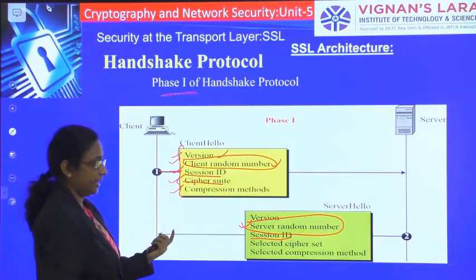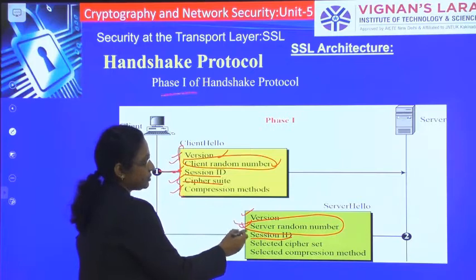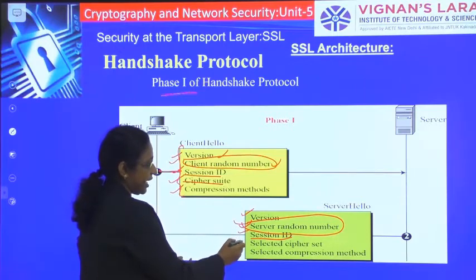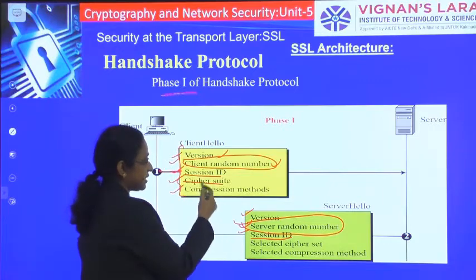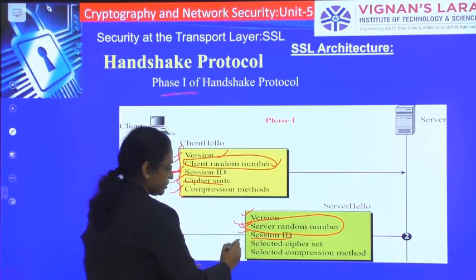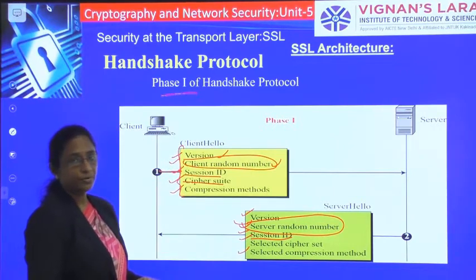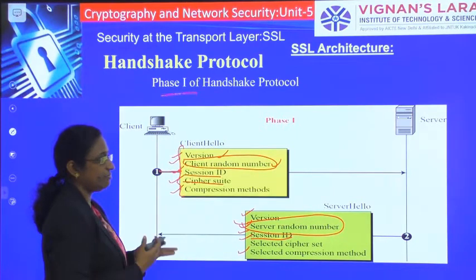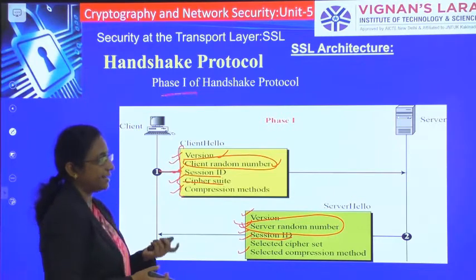The server will send the same things: a version, a random number, a session ID, the selected cipher suite and the selected compression. Those will be negotiated between the client and server.